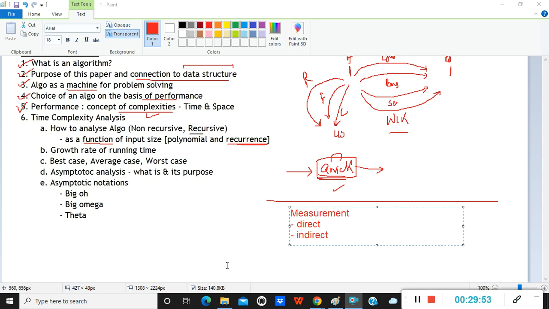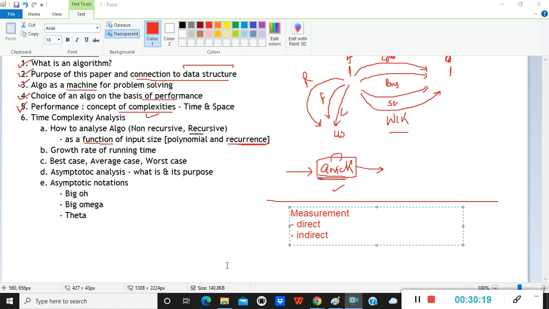So while we are trying to solve a problem, we design, or we have four different algorithms. Among the four different algorithms, we have to choose one or two. So always we are trying to compare the time taken by the different algorithms. Ultimately, we are comparing the solution time.